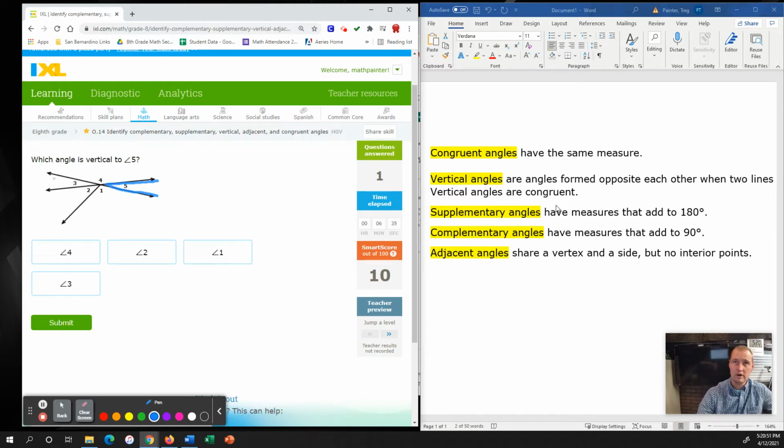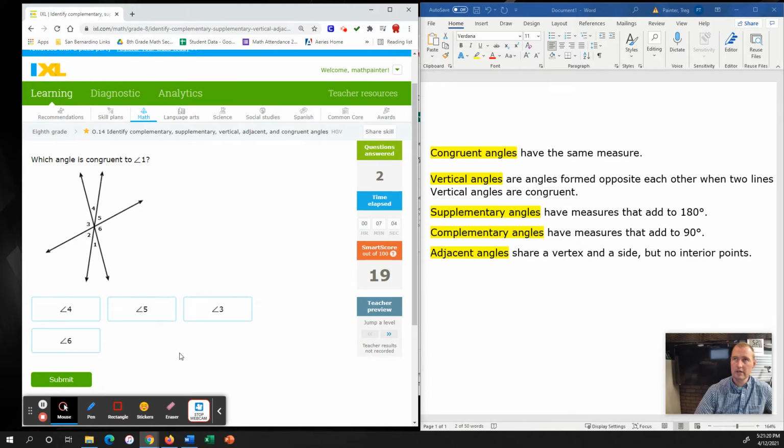Angle 3 is directly across and it's congruent. So vertical angles are directly opposite of each other, and congruent means exactly the same. So would you agree, besides the direction, that angle 5 is the same as angle 3? Absolutely. So angle 3 has to be our vertical angle to 5.